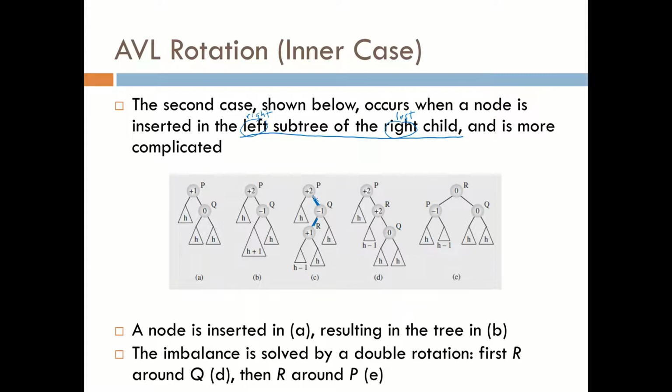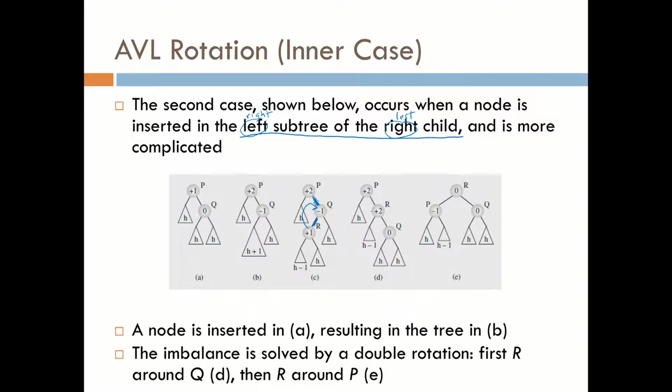So since it's right and left, that requires a double rotation. The first rotation is to rotate Q with its child R in this case. And that rotation looks like this, giving us this picture. So whereas before Q was P's right child, now R is P's right child, okay?